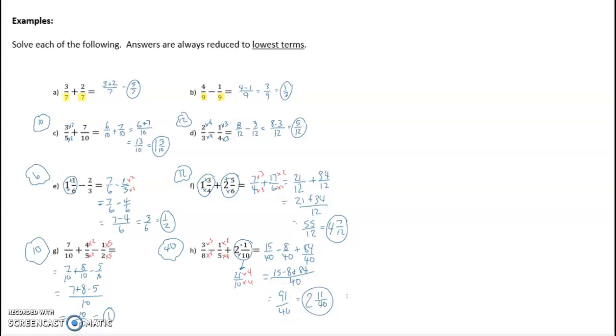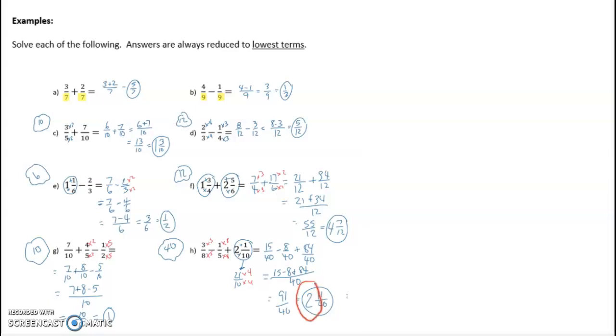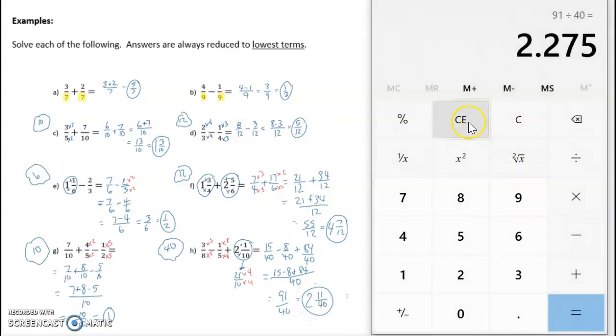So now we need to change it to a mixed number. So 40 goes into 91 twice. So watch, 91 divided by 40 gives us 2. So we know that it goes in 2 whole times. And then we need to figure out what's left over.